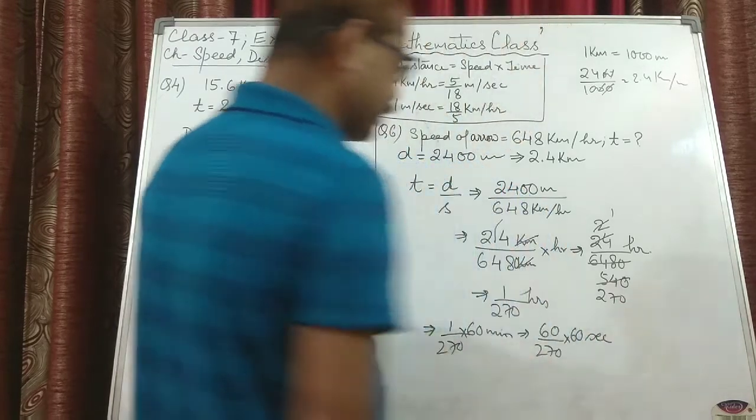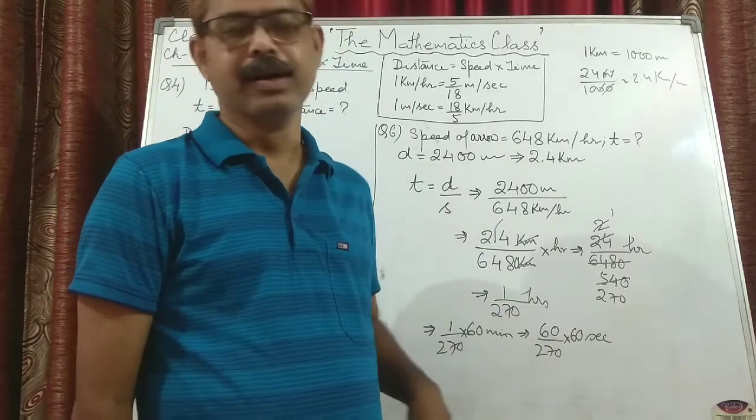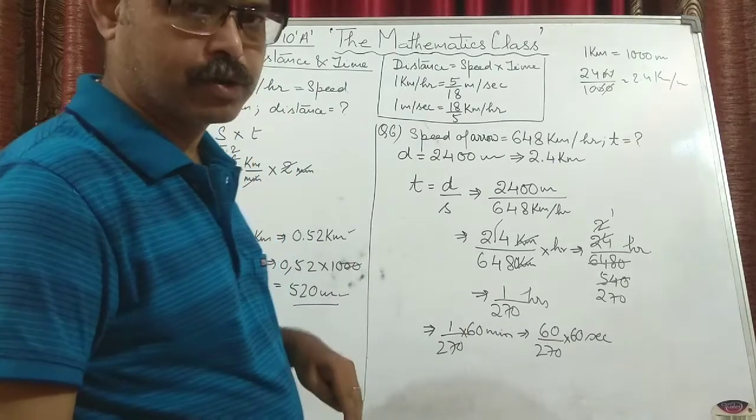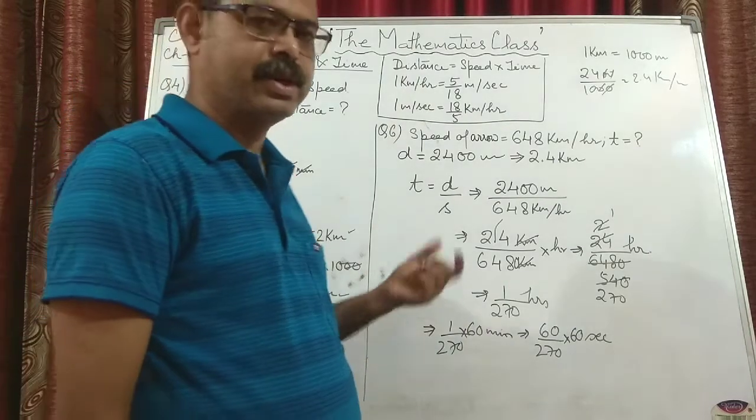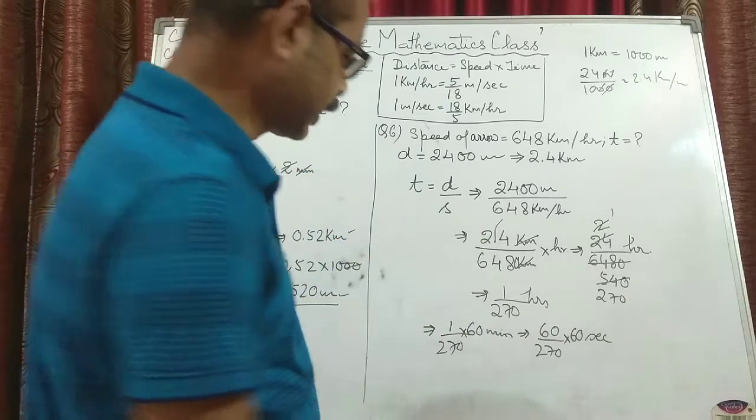What we have done? We have converted this 1 upon 270 hours to seconds. So first hours will be converted to minutes, multiplying by 60, and then again multiplying by 60, we will convert the minutes into seconds.